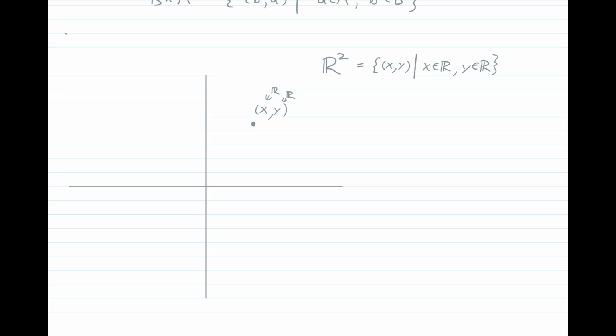In other words, R2 is simply the Cartesian product of R with itself. Okay?